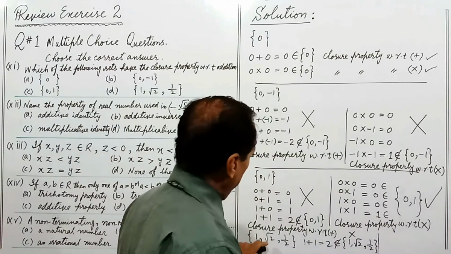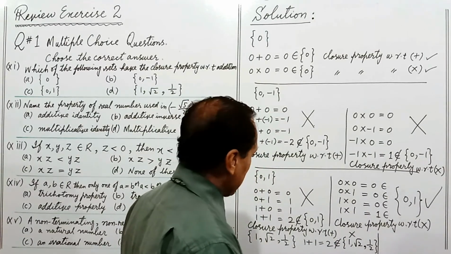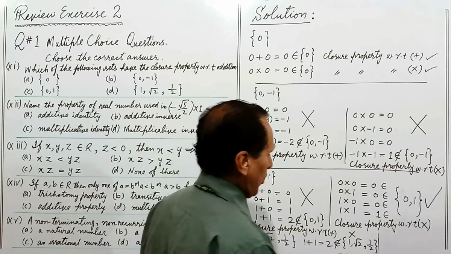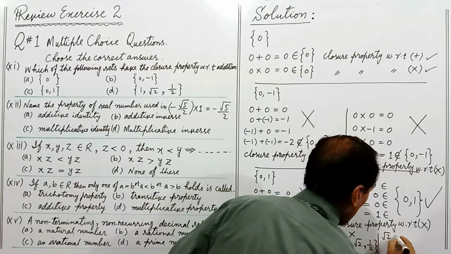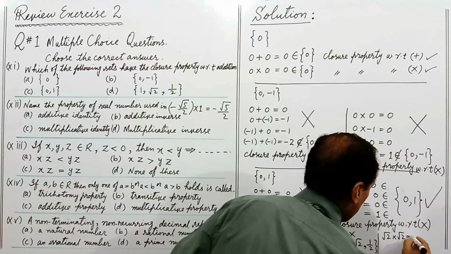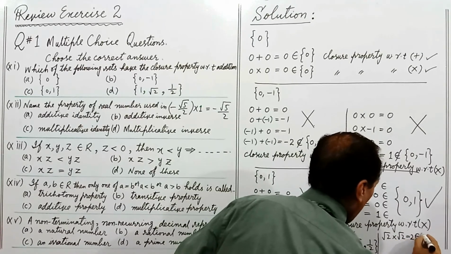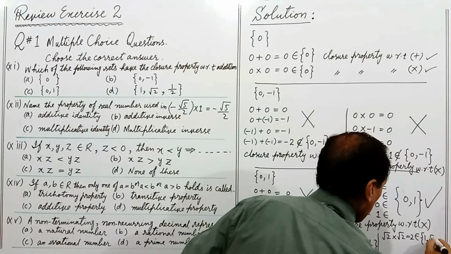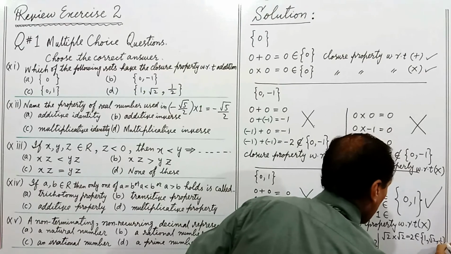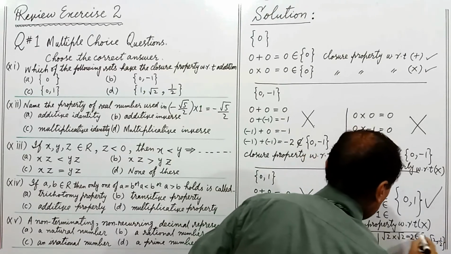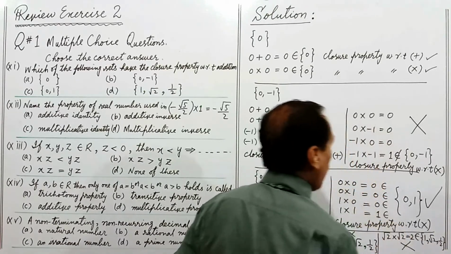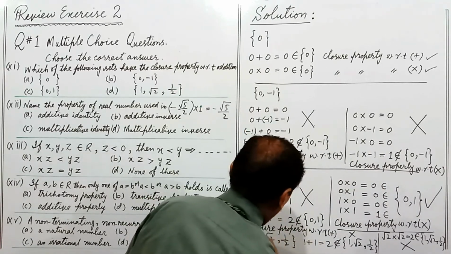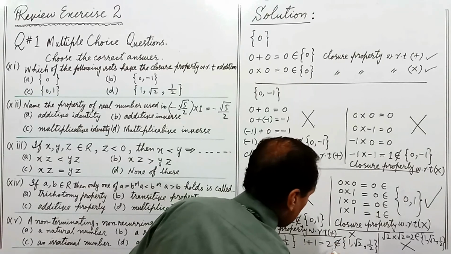To check directly whether the property exists or not for multiplication, we take under root 2 multiplied by under root 2, that is equal to 2, which does not belong to the set consisting of 1 under root 2 and 1 by 2. It means the closure property with respect to multiplication does not hold for it, just as the closure property with respect to addition does not hold.